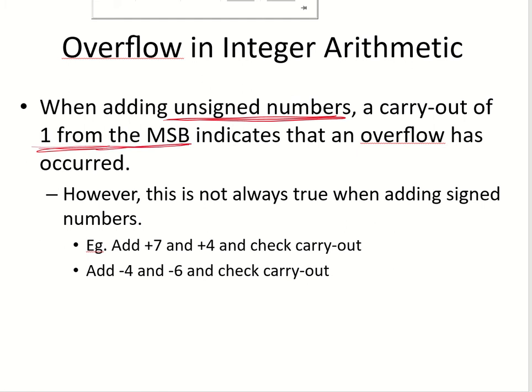Let us take an example of a 4-bit representation. In an unsigned number, the range of numbers would be from 0 to 15. Let us add 9 and 8. So here is 9 and here is 8.